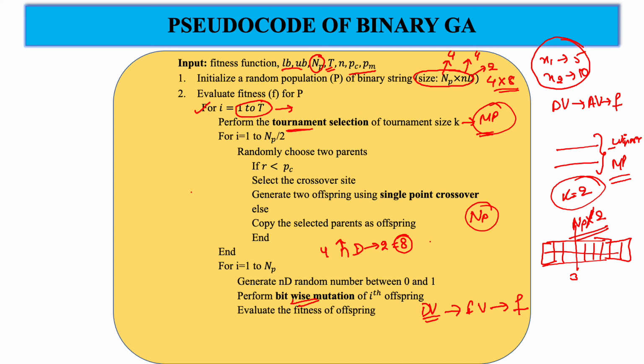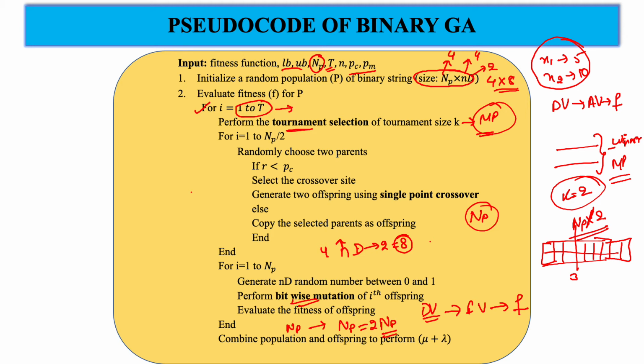We have already discussed how we can convert the decoded value into the actual value. Once we are done with that, we combine all the population and offspring, and then perform the mu by lambda strategy. As we have discussed, if we have NP population, from that we have generated NP offspring, so in total we have 2 NP solutions.